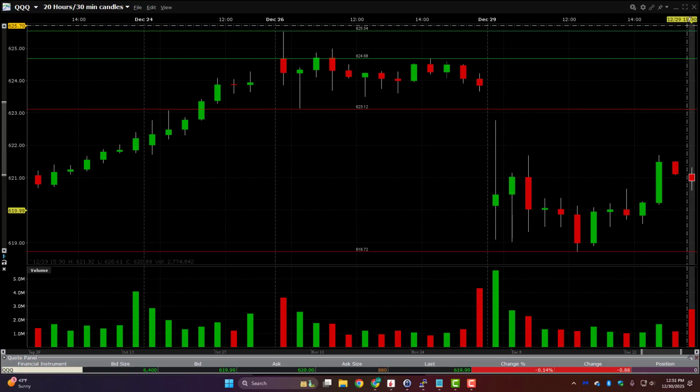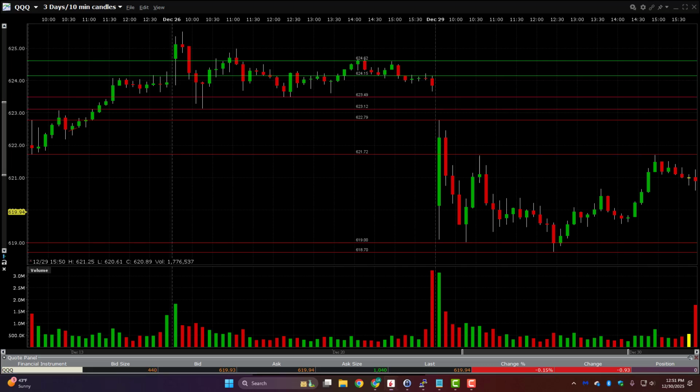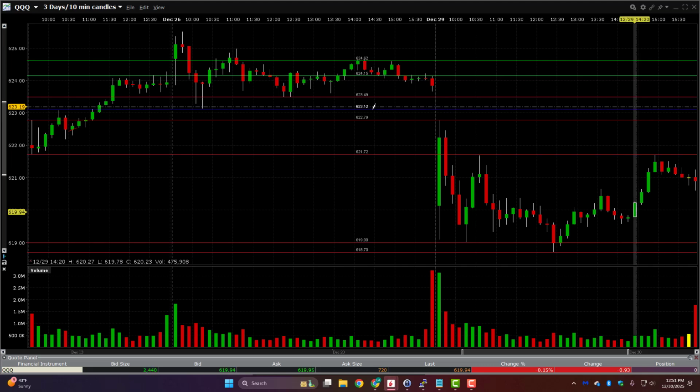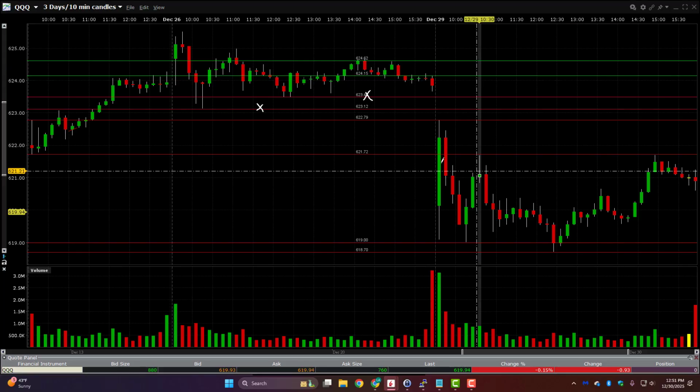But let's go to the 10-minute chart, because on a 10-minute chart, we can actually see some setups. So here again, here's the break of this swing point low, a break of the next swing point low, and as we establish the trade on Monday, you can see the open was here, so a big gap down open, pops up, and then it starts to reverse back down.